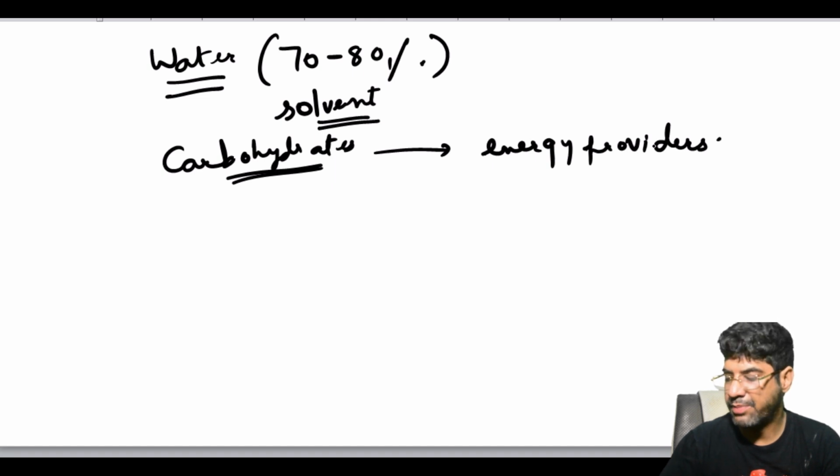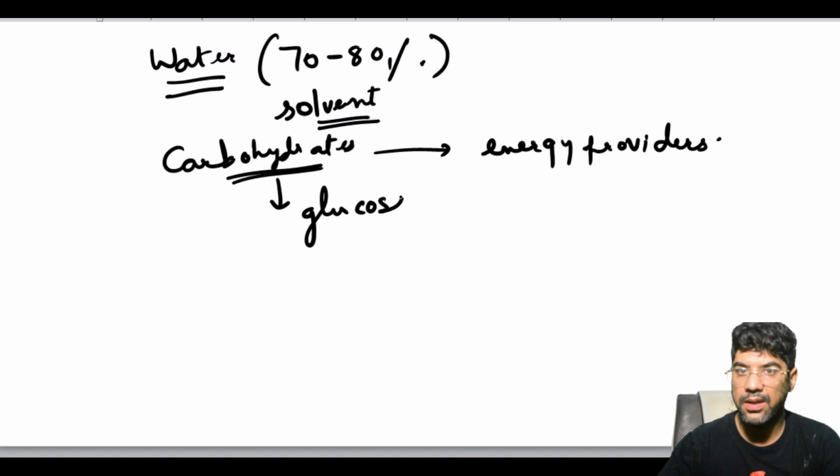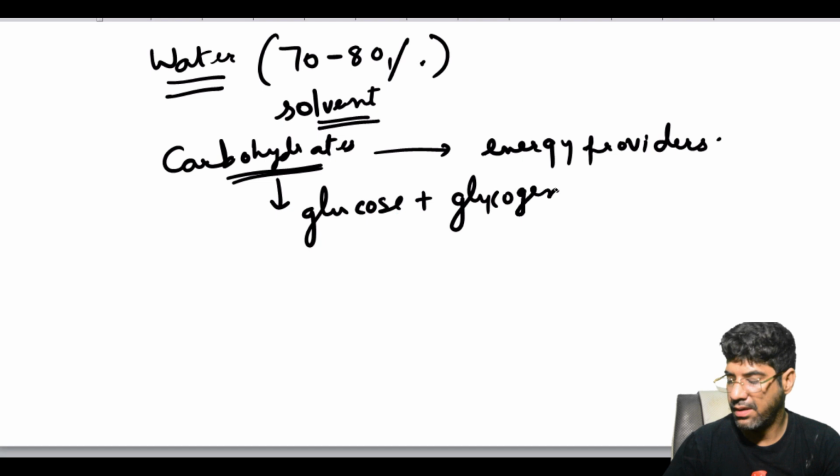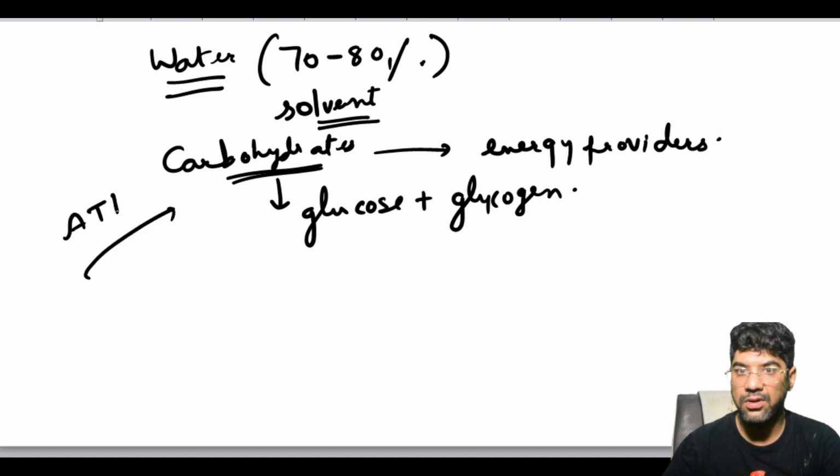They are the energy providers for the cell. They are primarily found in the form of glucose and glycogen. So they play a role in cellular respiration, providing energy in the form of ATP.